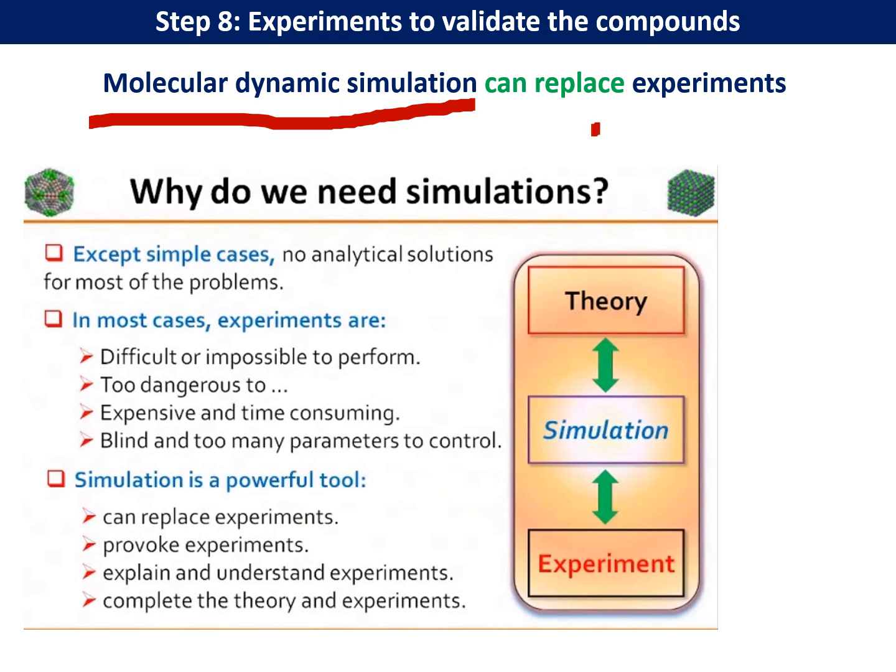This method can replace experiment because some experiments are difficult to perform, too dangerous, expensive, time consuming, or have too many parameters to control. So molecular dynamics simulation can replace experiment, it can provoke experiment, explain experiment, and complete theory and experiments.